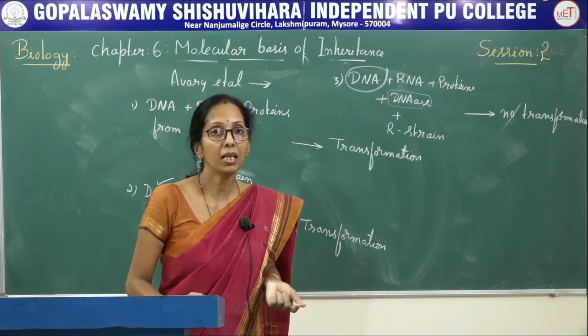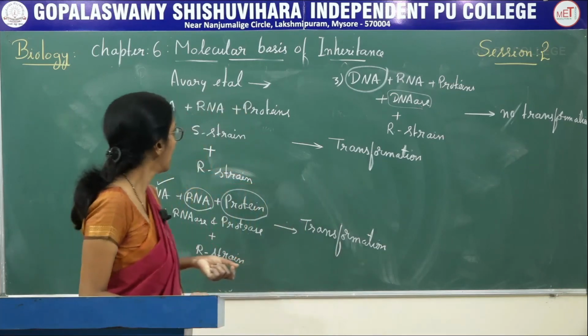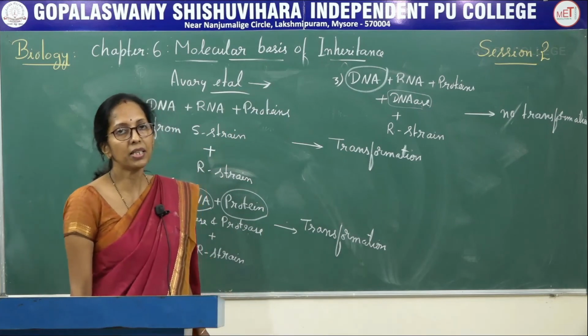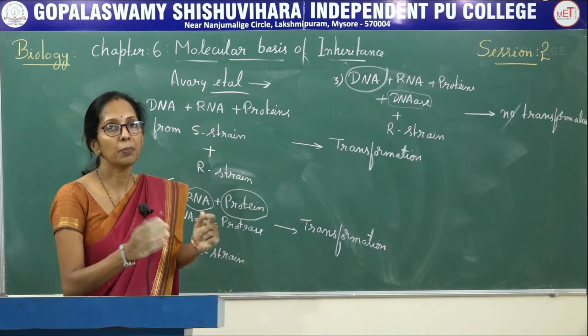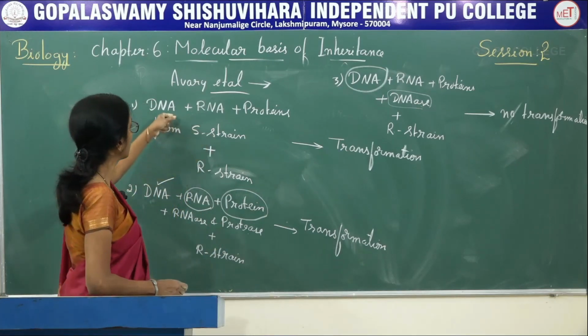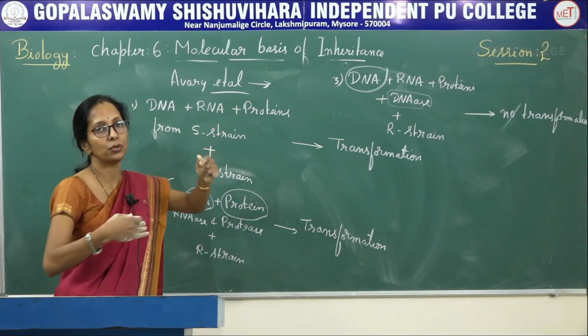But he was unable to give proof for the biochemical components. Later, Avery et al. continued this experiment, and they prepared an extract from the S strain which contains DNA, RNA and protein, and divided it into 3 groups.